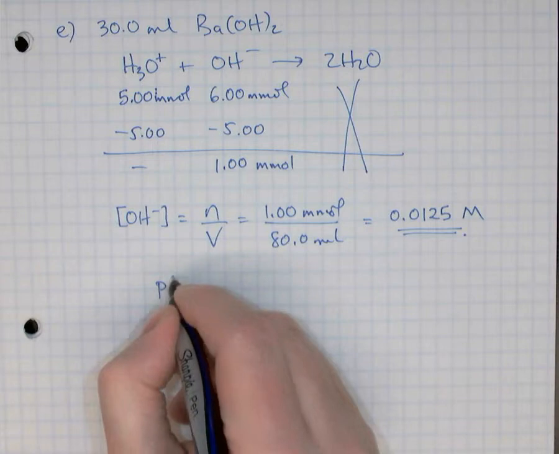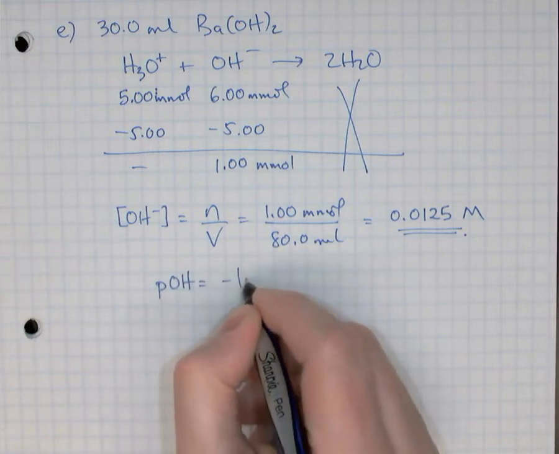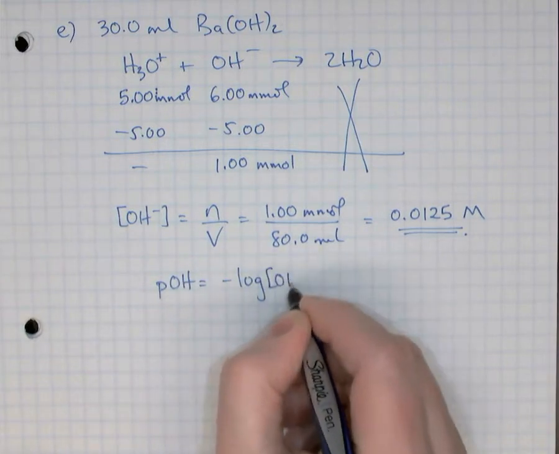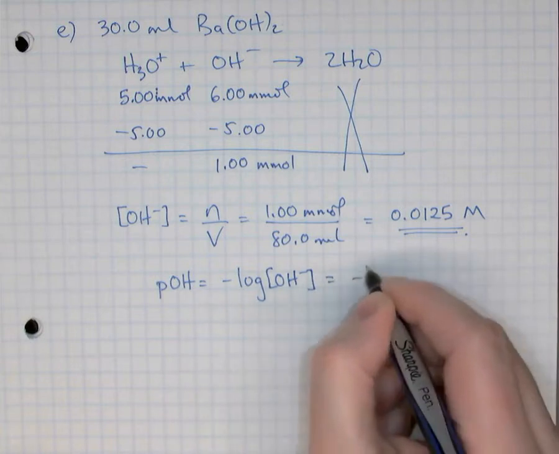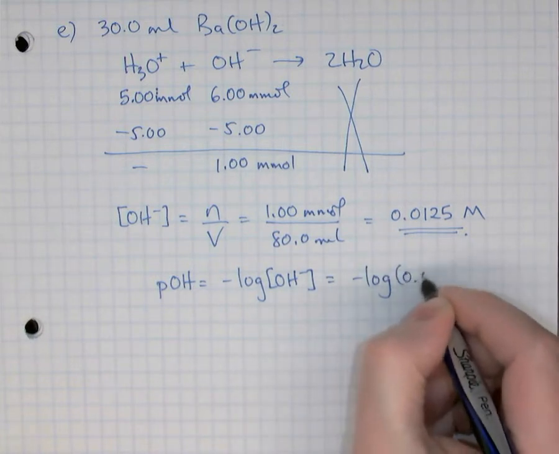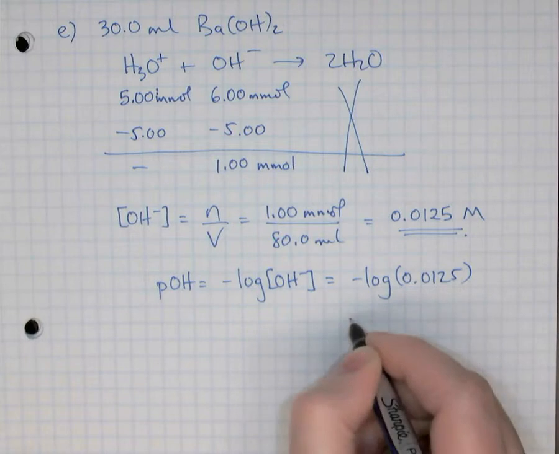So now we can say the pOH is the negative logarithm of the hydroxide concentration, negative logarithm of 0.0125.